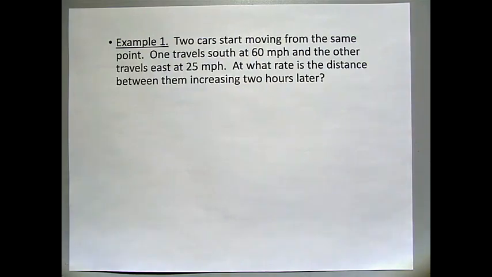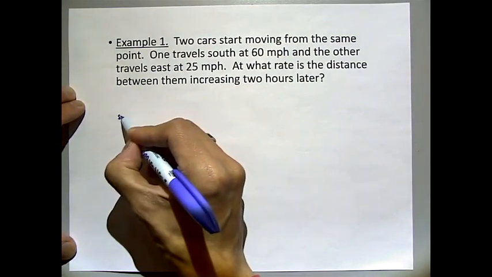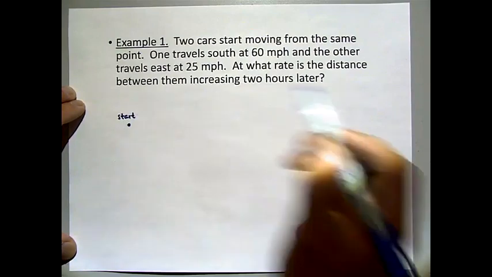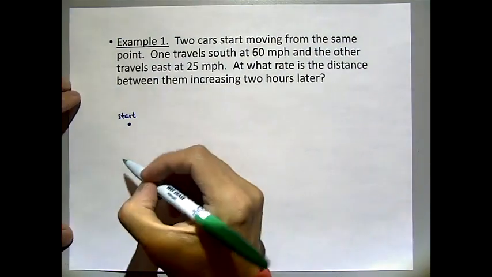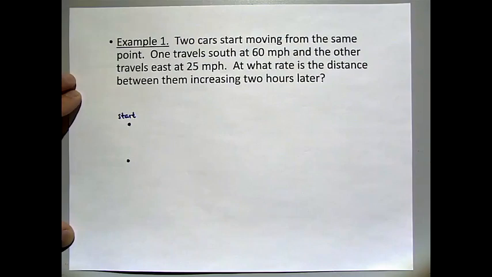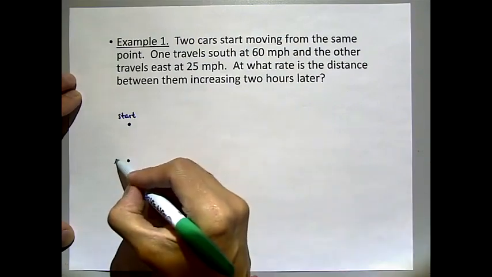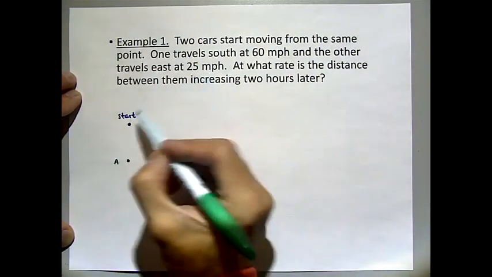As usual, let's make a sketch of what's going on here. Let's say here's where we start. And sometime later, one of the cars is down here. It moves south, right? We'll call this car A, the one that moves south. And the other one is the one that moves east from that point.